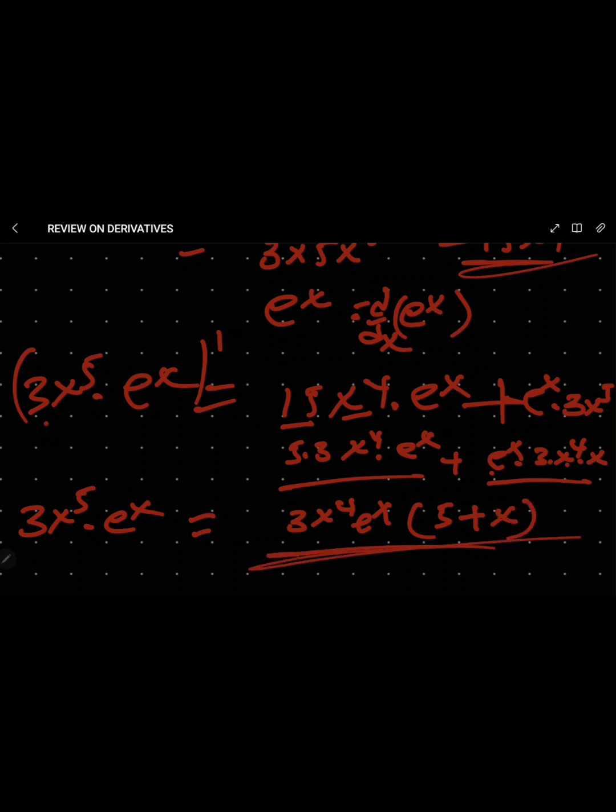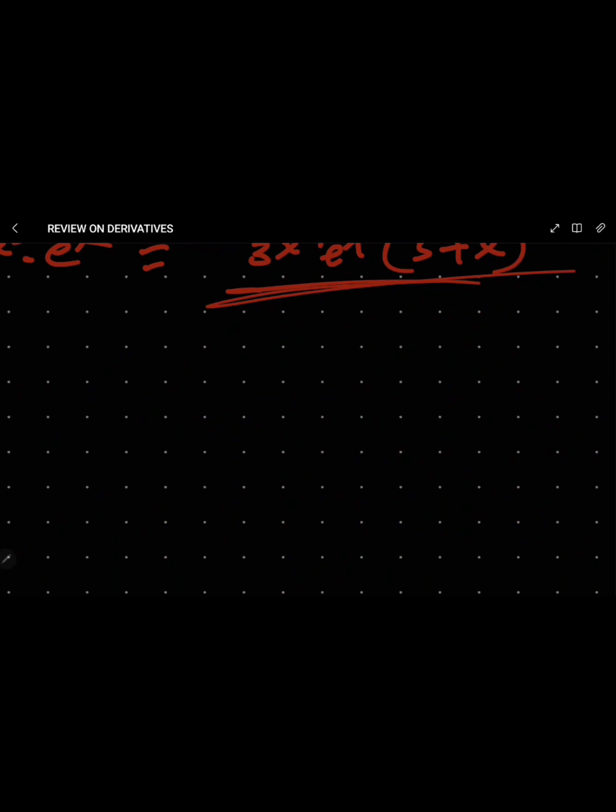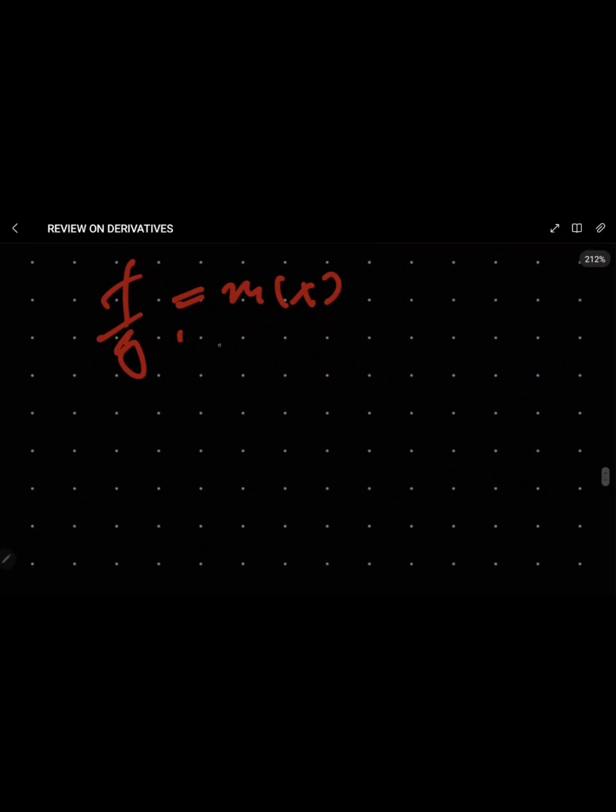That's the derivative. In the other case where you have f over g of x given, maybe you can call this m of x, and it splits as a ratio of two functions. So what is the formula for the derivative of f over g?